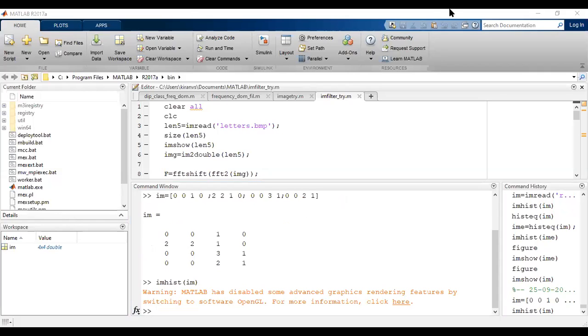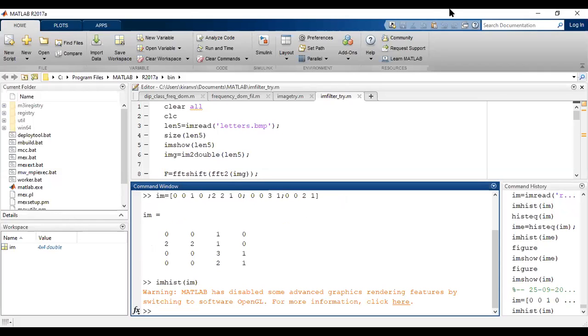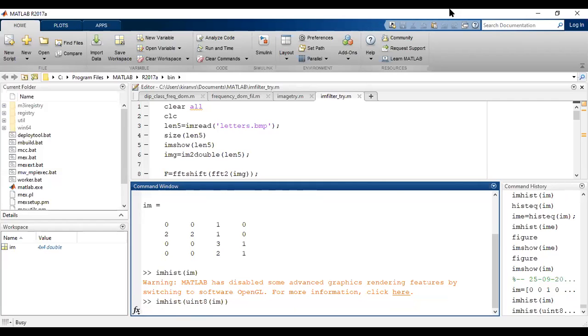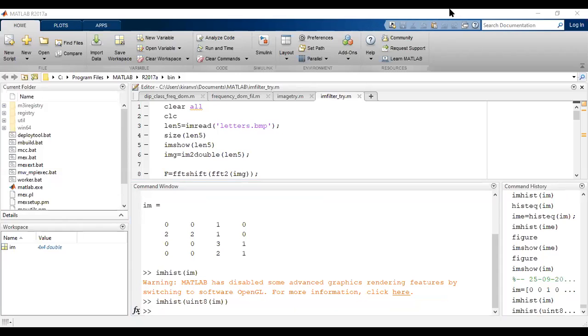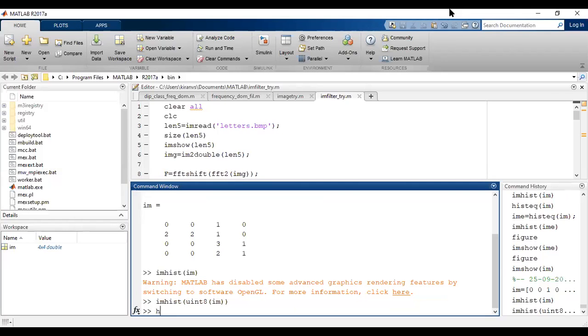Wait a second. Okay, there I have histogram.